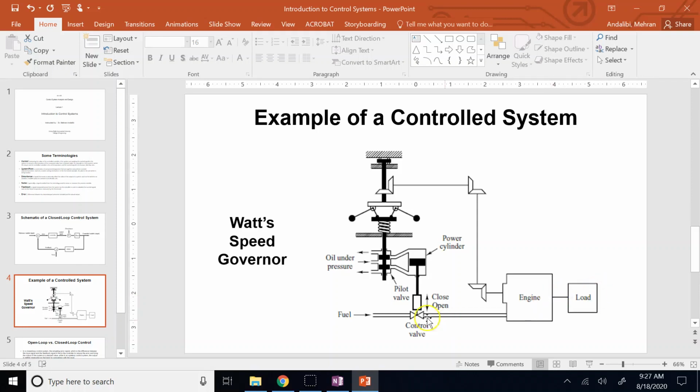Now, if for any disturbance to the system, this RPM goes up, okay? So there is any small variation in the fuel of the system, or any variation in the load or anything that makes this RPM go a little bit more than what you want. What do you think would happen if there is no control system?